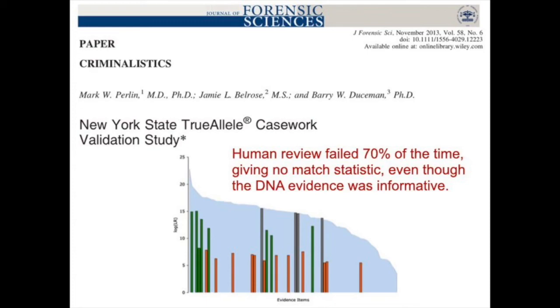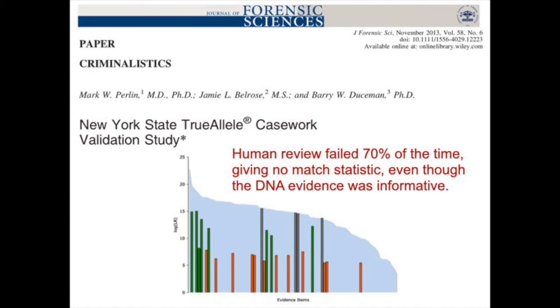I do want to note one of these papers gives more concern about human review. This was a study we published with New York State 8 years ago. We had published another study that had asked, when a human review gives an answer, how well does the computer do? But this asked the other question. When the computer gets an answer, that's indicated by that blue cloud in the background, how often does human review give an answer?